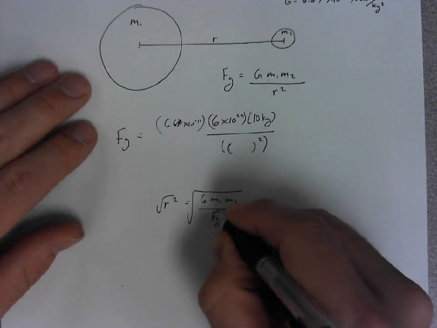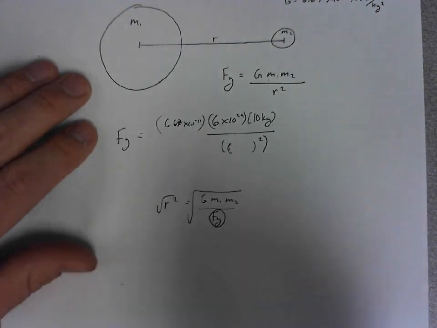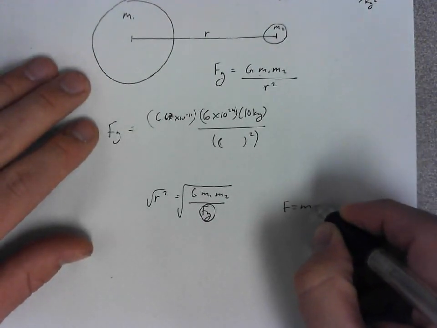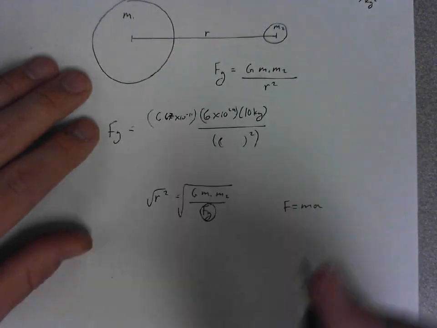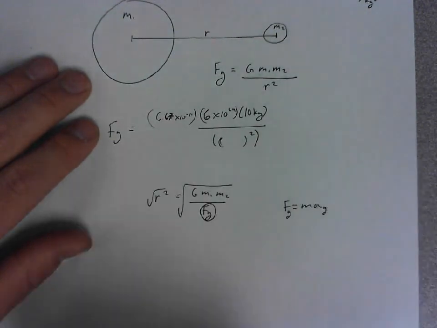Then other people wonder, well, what's FG? Usually if we're doing a problem like this, we can get our FG through just F equals ma. We've been calculating the force of gravity for a couple of months now using Newton's second law. In this case it would be the force of gravity, with the acceleration of gravity attached.